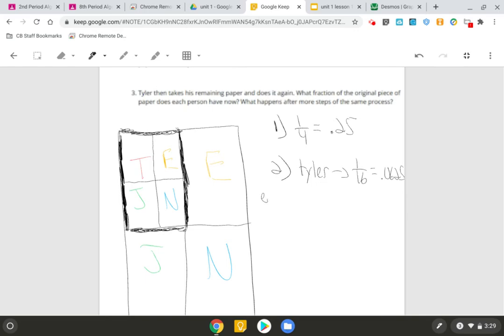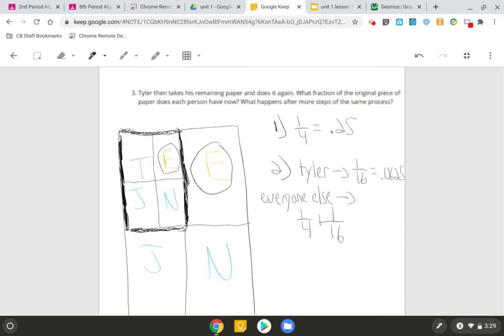Now, everyone else is going to be different. Everyone else is going to be different because, for example, Elena is going to have this piece from before as well as this piece. So she's going to have the 1/4 from before plus the 1/16.